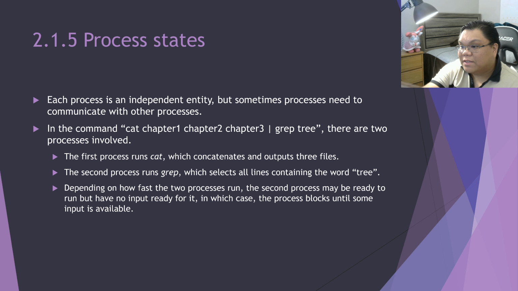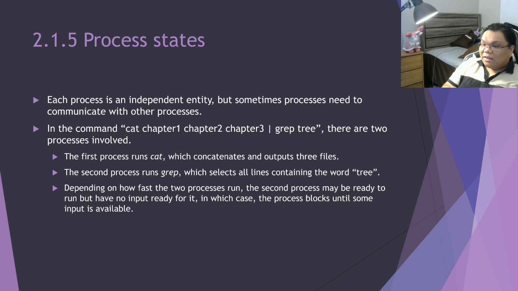So suppose we have this command here: cat chapter1 chapter2 chapter3, pipe, that's that vertical line, grep tree. In this command, there are two processes involved. The first process runs cat, and that concatenates and outputs three files. The second one is called grep, and in this instance, it's selecting all lines that contain the word tree.